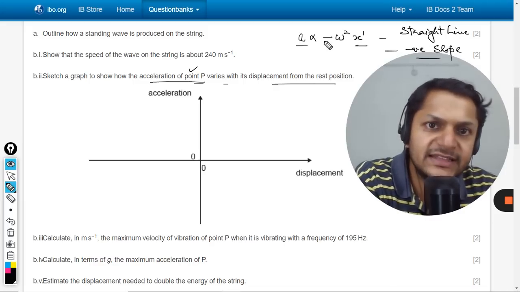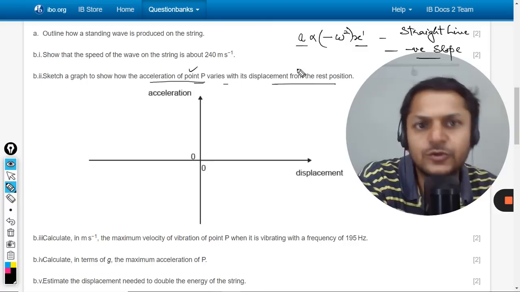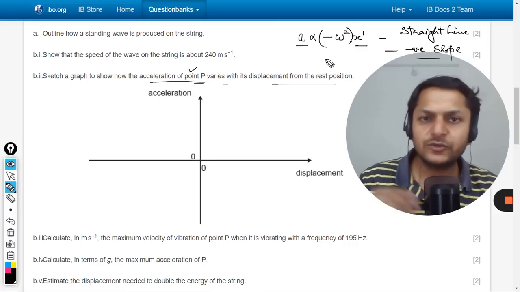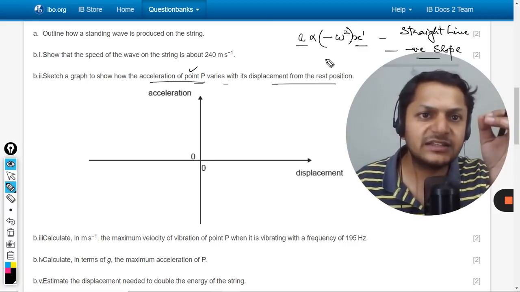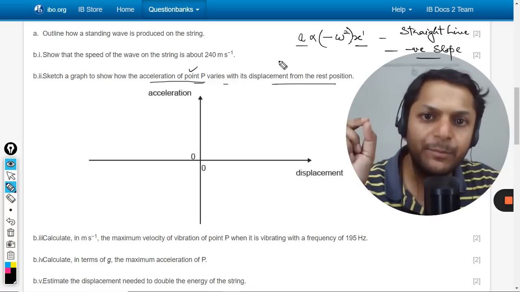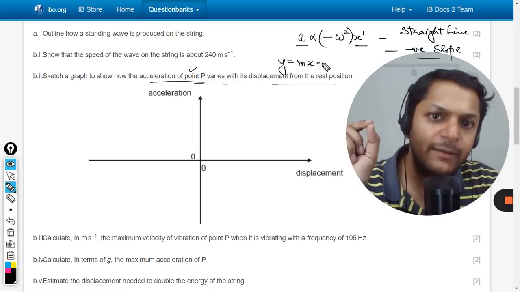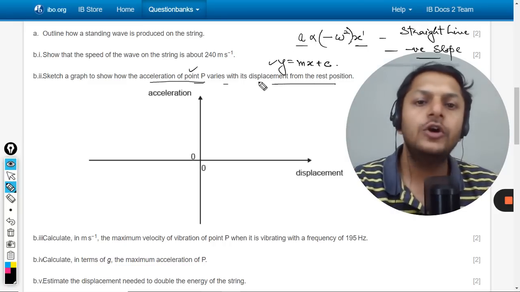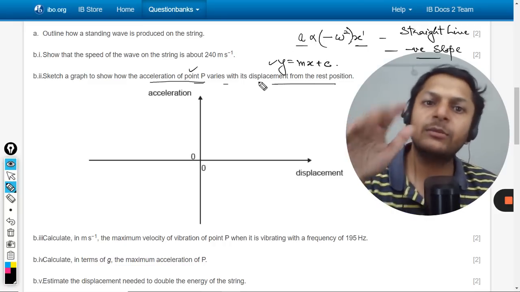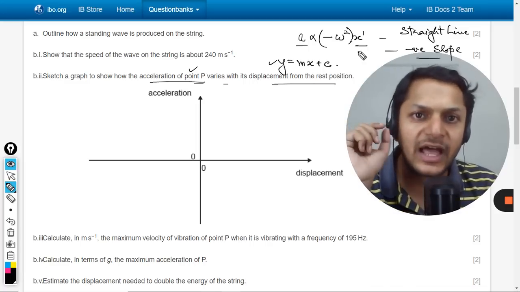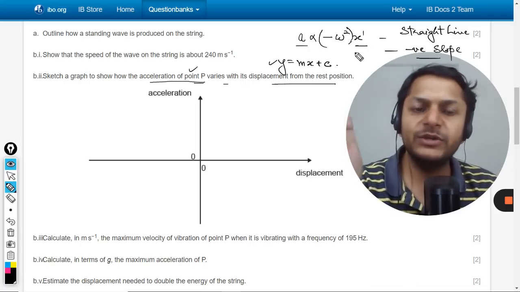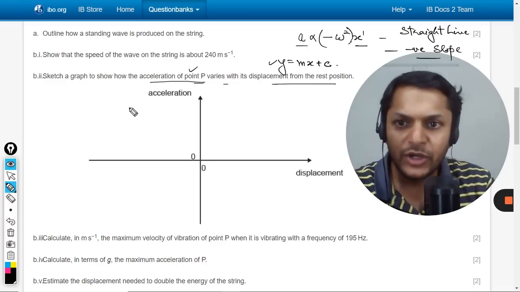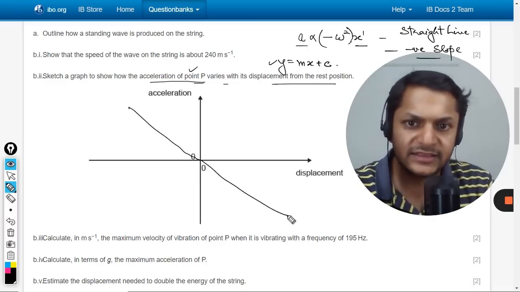You can see this is negative omega square, where omega square is a constant. So it means that the slope is this. I am comparing this with y equals mx plus c. The students who are doing Maths AHL know this equation, so they are now able to understand better. So this is going to be a straight line with a negative slope. So we can just draw the line like this.